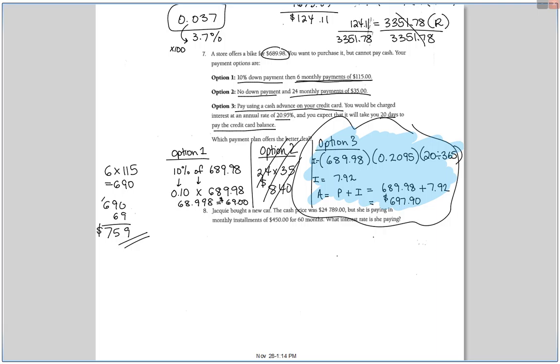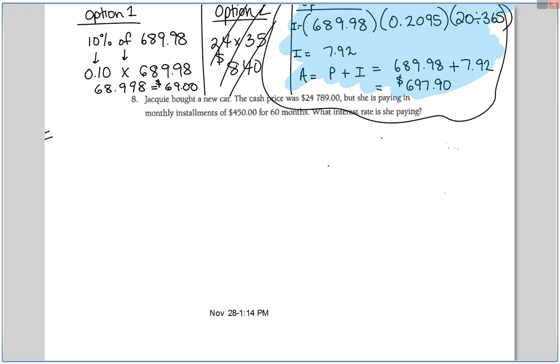Okay. Jackie buys a new car. Number 8. The cash price is given, but she's paying monthly installments. What interest is she paying? Okay, folks. So first things first, Jackie buys a new car.